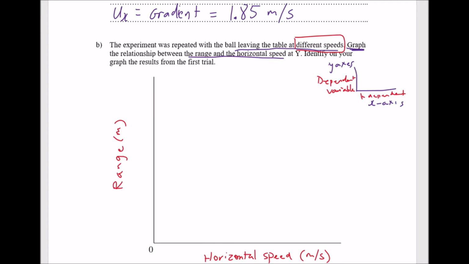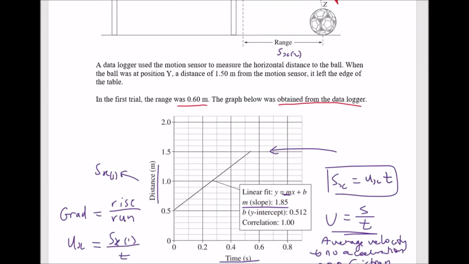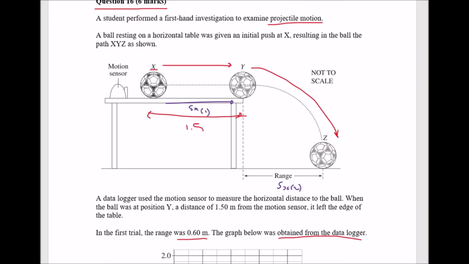What we do know is if we look at the equation, Sx equals ux t. Now, the assumption that I know is that time is going to be constant. Okay, so let me just quickly divert before I get back to the question. The thing that affects how long it takes for the object to fall down is Sy, the vertical displacement.